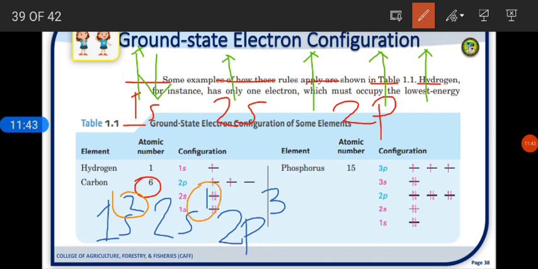We have 2 electrons in 1s, 1 electron in 2s, and 3 electrons in 2p. So 2 plus 1 is equal to 3, and 3 plus 3 is equal to 6. So that is the one.